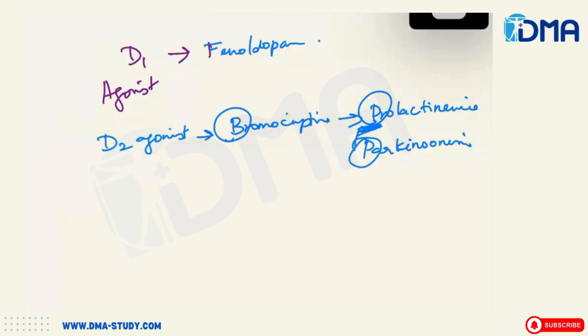Then coming to the blockers, alpha blockers can be non-selective, which blocks both alpha 1 and alpha 2. Examples, phenoxybenzamine, phentolamine.